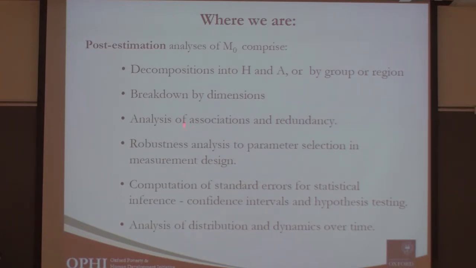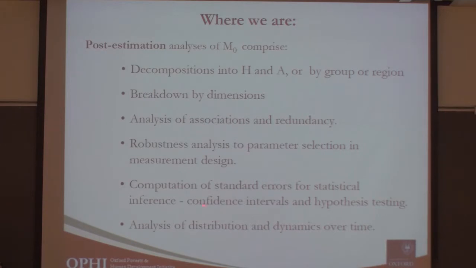We also looked at associations and redundancy, trying to assess to what extent we can really be sure that our indicators are really measuring different aspects, maybe not really, and if that's the case, how can we account for that in the design of our measure? We then moved on to analysis based on robustness, just to see to what extent our choices, the K value, the Z values, the weights, are really affecting the numbers that we are getting.